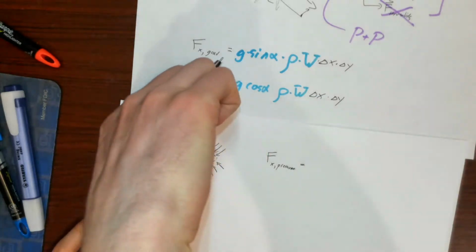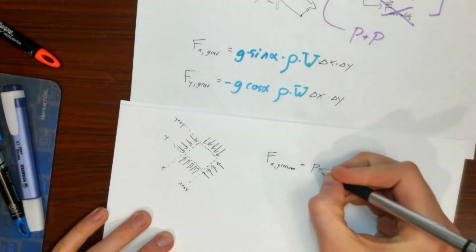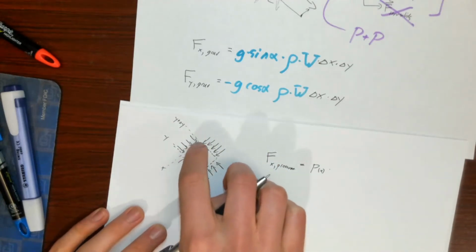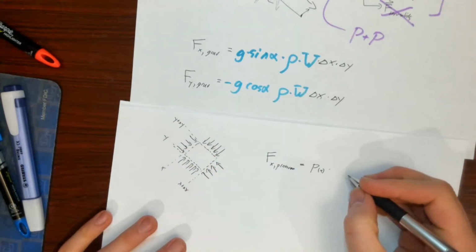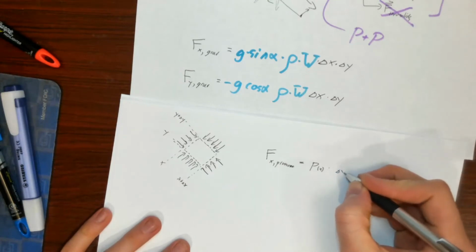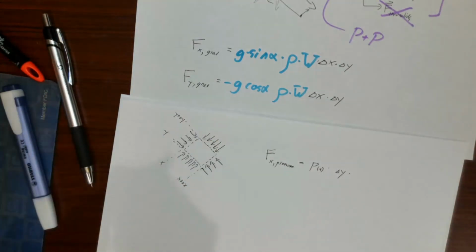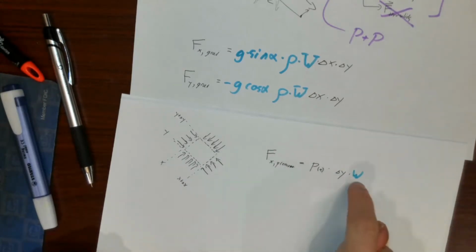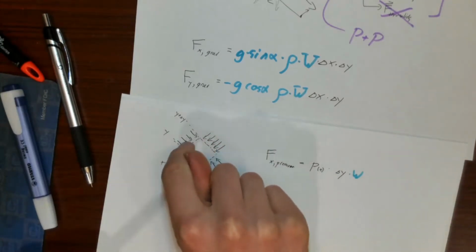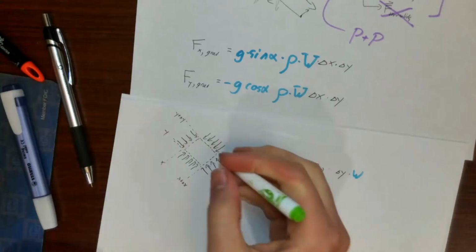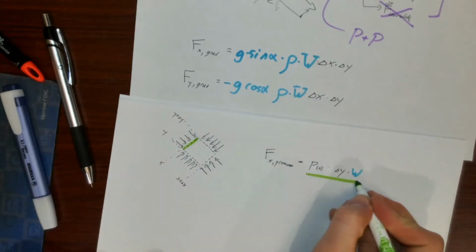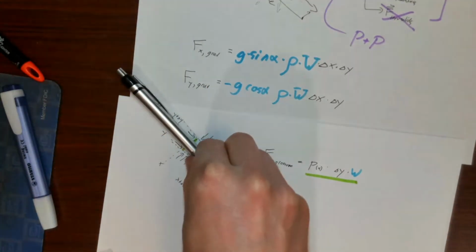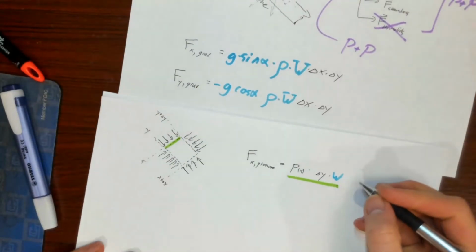Well, we have whatever pressure we have at x times the area of this face, and we know the area of this face would be delta y times w. So in general, we know force equals pressure times area. So here we're talking about this upstream face right here. And this pressure pushes us in the positive x direction, so we have positive out front.